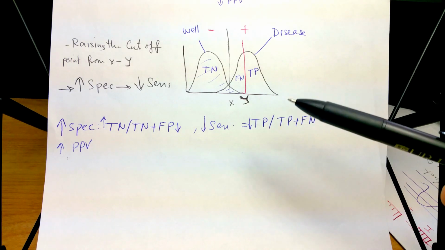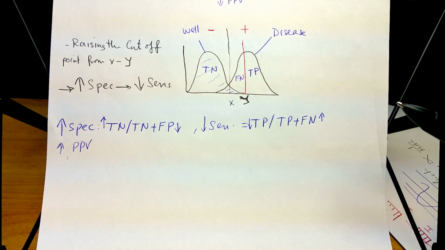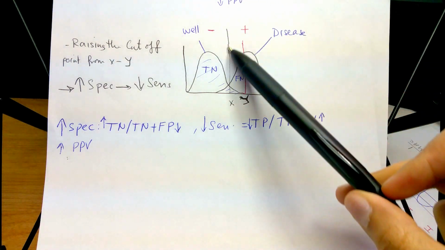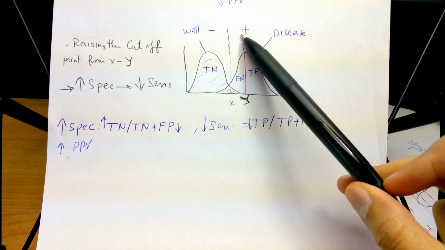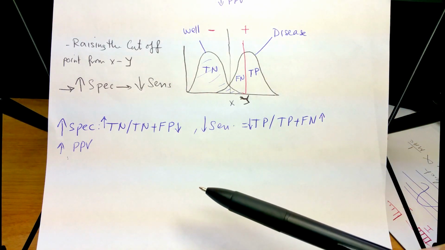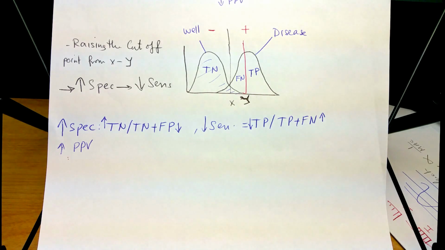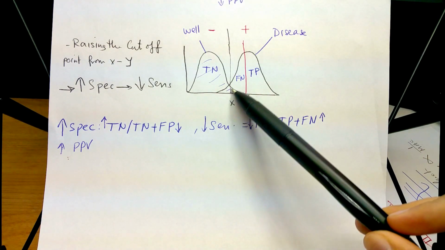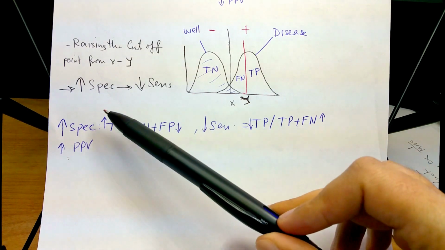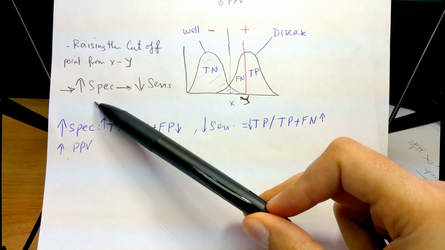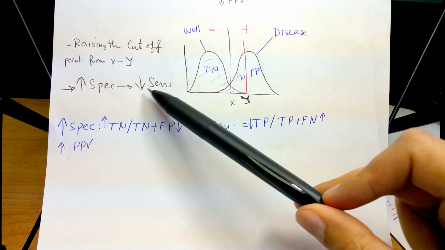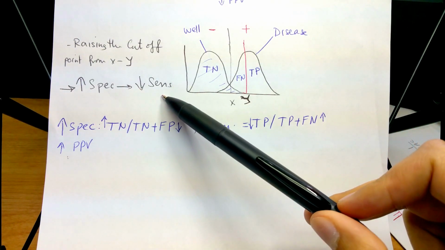According to the cutoff they give you, anything to the right is positive, and everything to the left is negative. So if we raise the cutoff from X to Y, what will happen? As we said previously, if you raise the cutoff, the specificity will increase and the sensitivity will decrease.